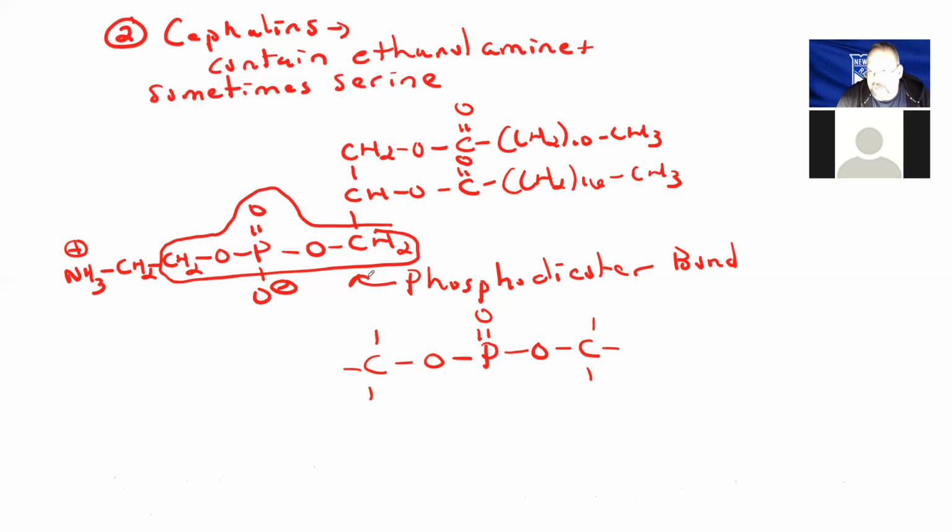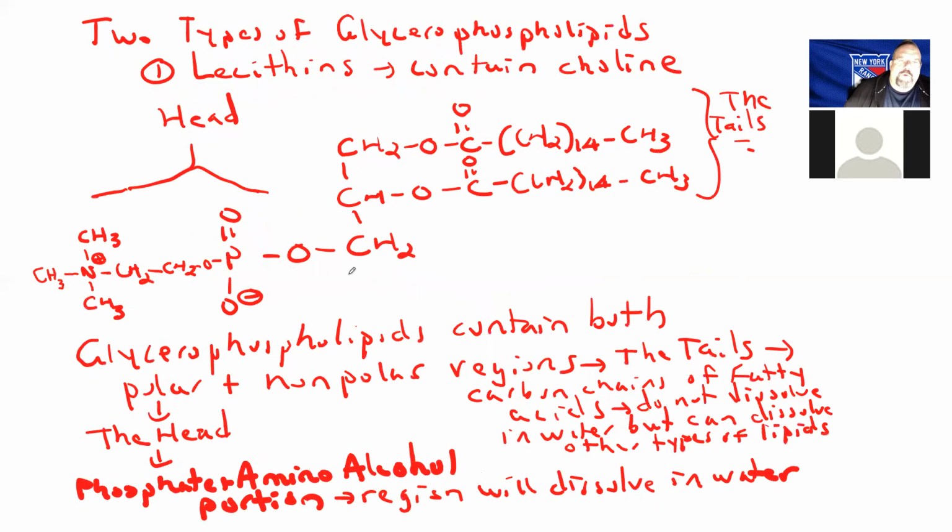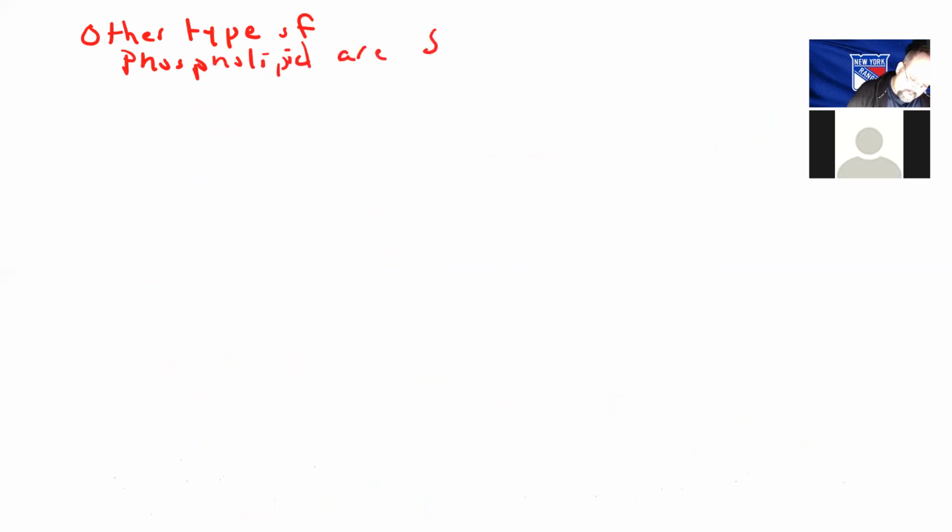But you're going to see them again in chapter 17 with nucleic acids also. Okay, so glycerophospholipids are your one type of phospholipid. The other type of phospholipid are what are known as sphingomyelin.